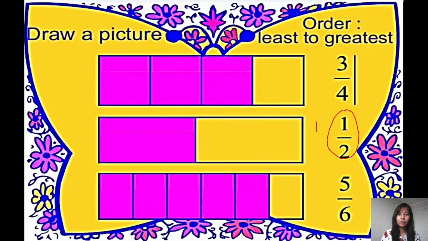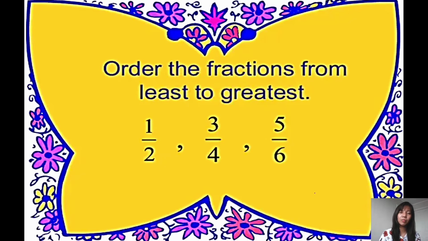Which one? So 3/4. And then the greatest, the very big fraction, is 5/6. So order the fractions from least to greatest: 1/2, 3/4, and 5/6. You can arrange the fractions by picture.